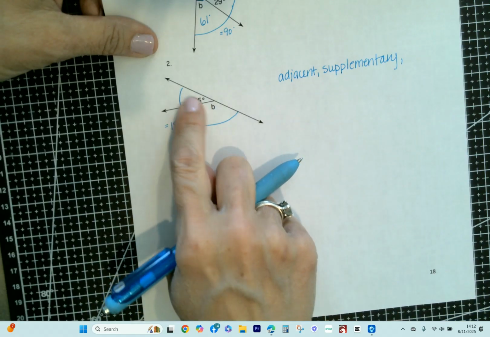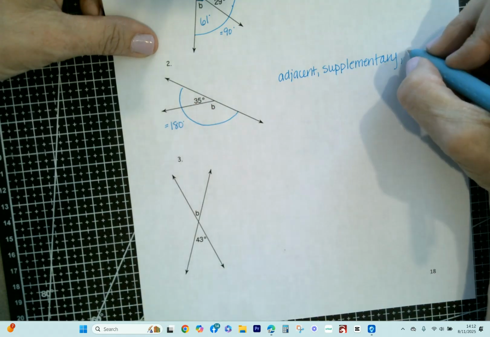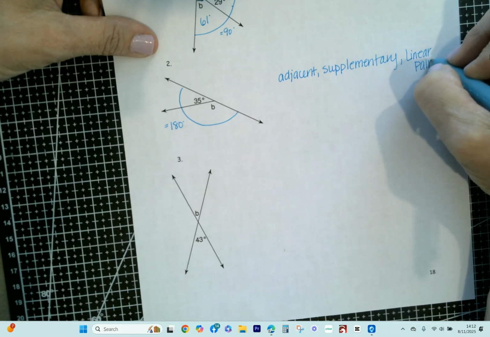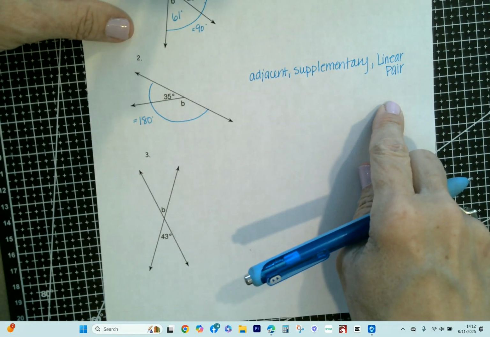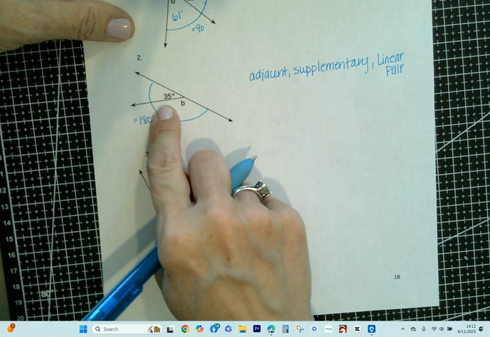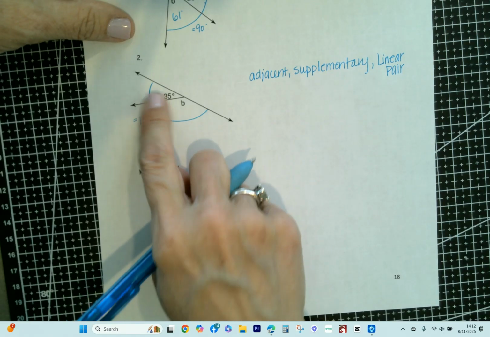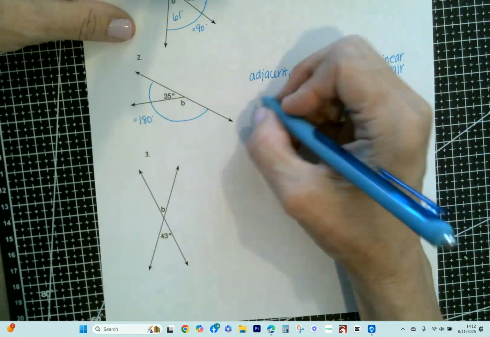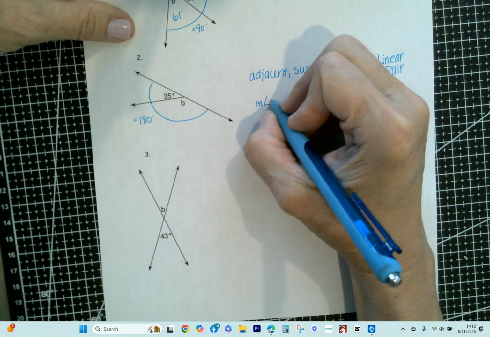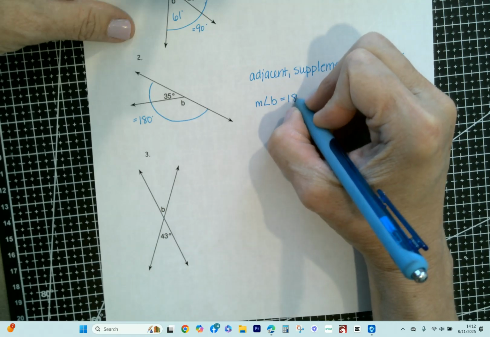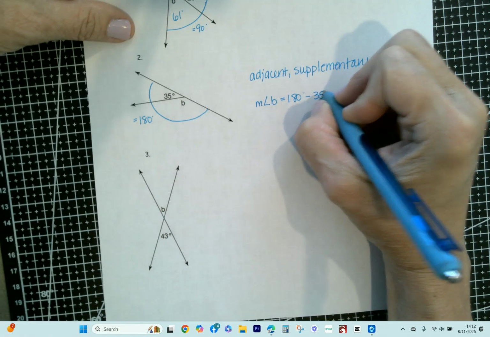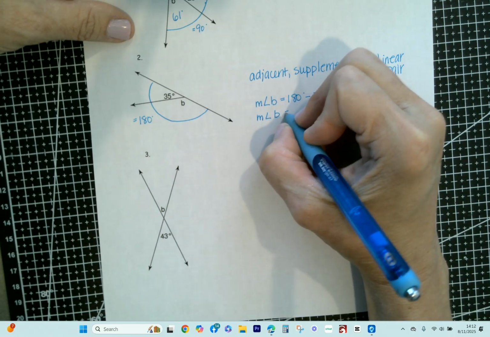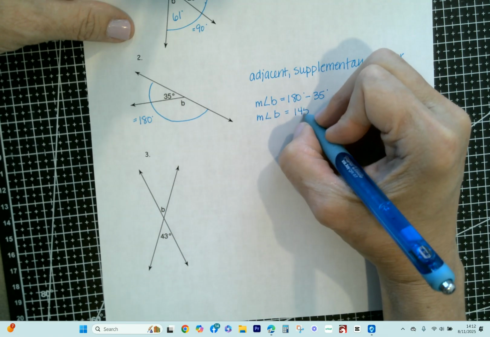And because they make a straight line, they're a linear pair. So they're all three things. A linear pair is next to each other, and supplementary means they add to 180. To get B, the measure of angle B is 180 degrees minus 35 degrees, so the measure of angle B is 145 degrees.